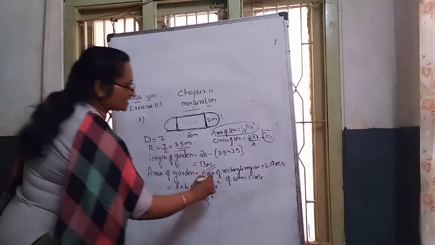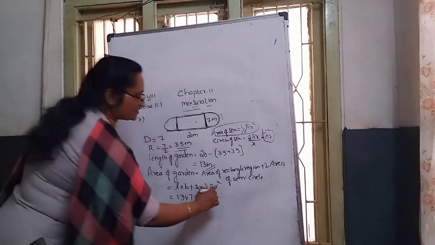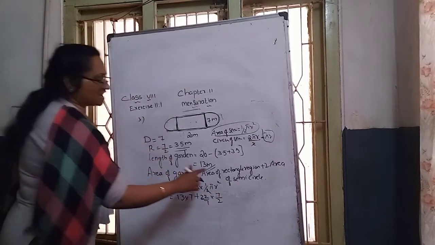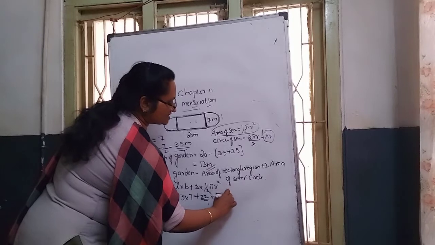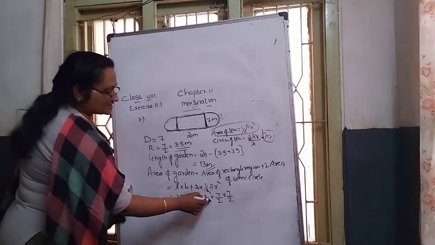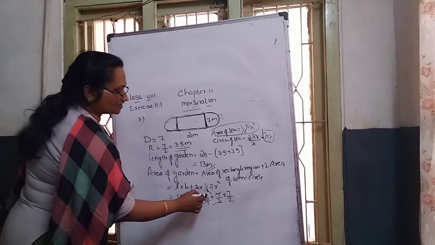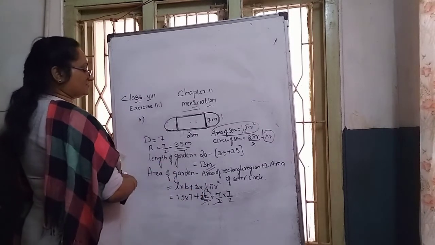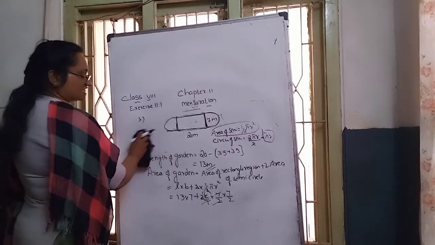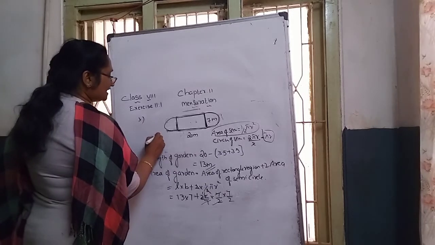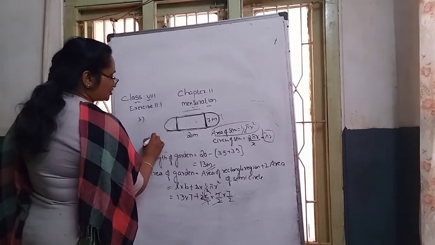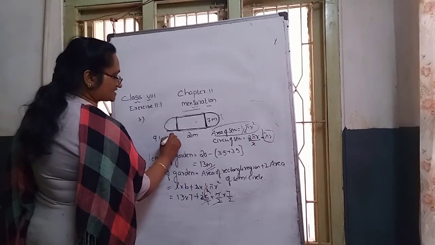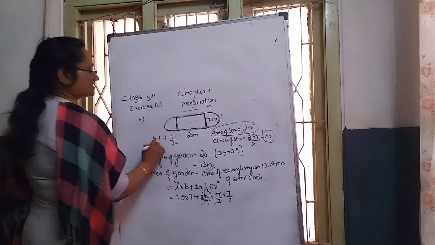We have the radius as 3.5, or fractional wise, 7 by 2, r square. So 2 times 2 multiply, 7 cancels, 2 twos are 4, 2 elevens are 22, 11 times. So 13 into 7 multiply. 13 sevens are 91, plus the remaining 11 into 7 becomes 77 by the denominator 2.